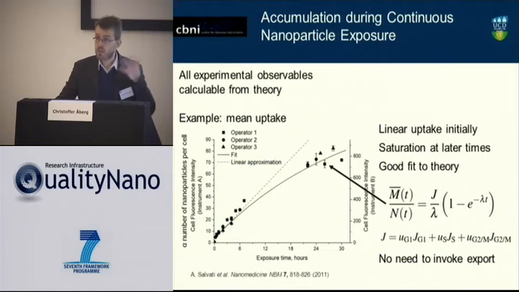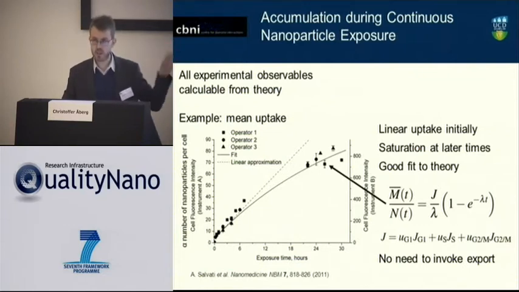So essentially now we have a model for nanoparticle accumulation and cell cycle, and whatever you can measure experimentally, we can also calculate from theory. So another example here is the nanoparticle accumulation of cells during continuous uptake.